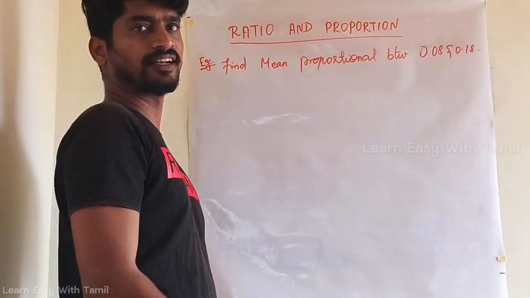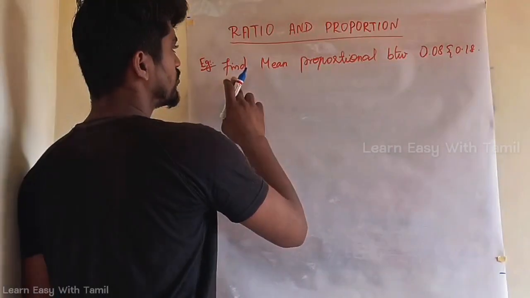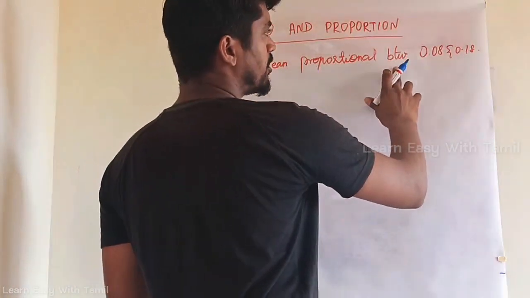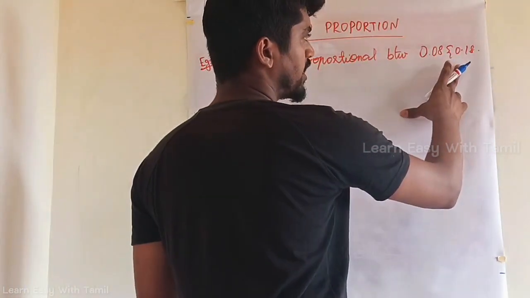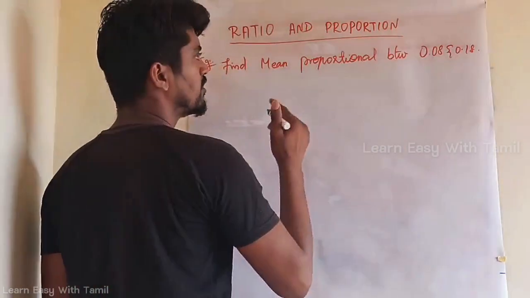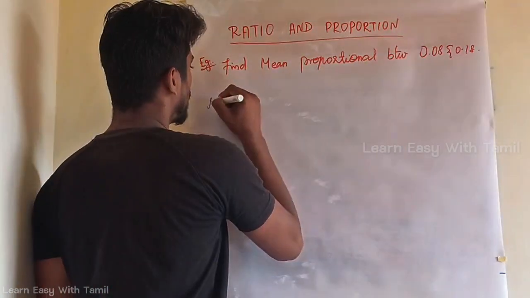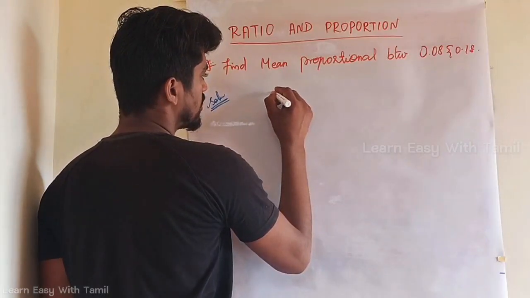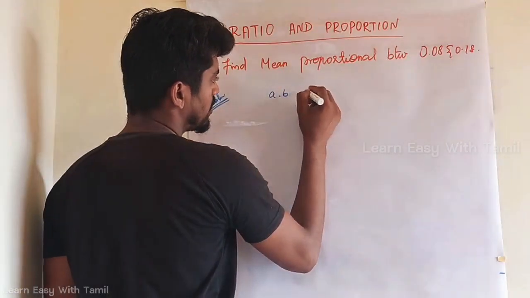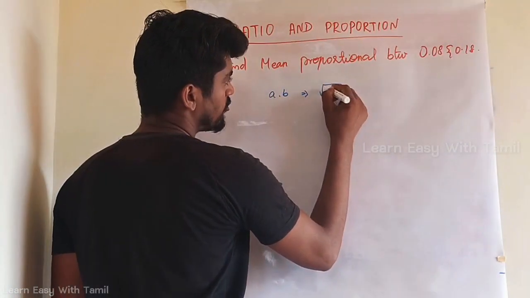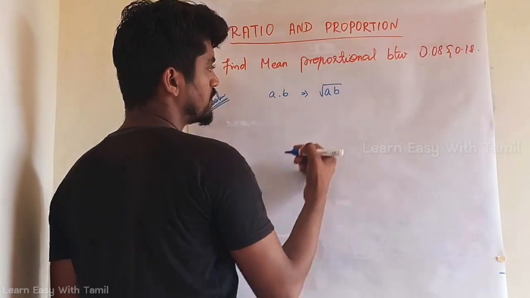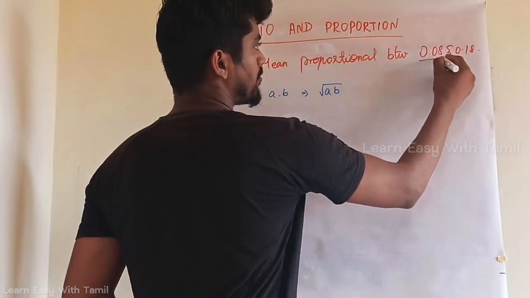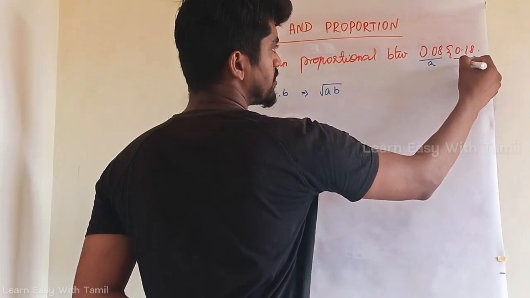The next type of example is to find the mean proportional between 0.08 and 0.18. The formula to find the mean proportional of a, b is the root of ab. So a is 0.08 and b is 0.18.